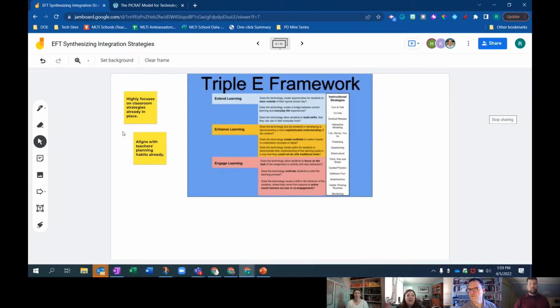And I think it's okay to acknowledge that. The trick is to not get stuck in that. And really, like I said, is there a tool that's going to make this task or this product better? Is it somehow going to increase student engagement?